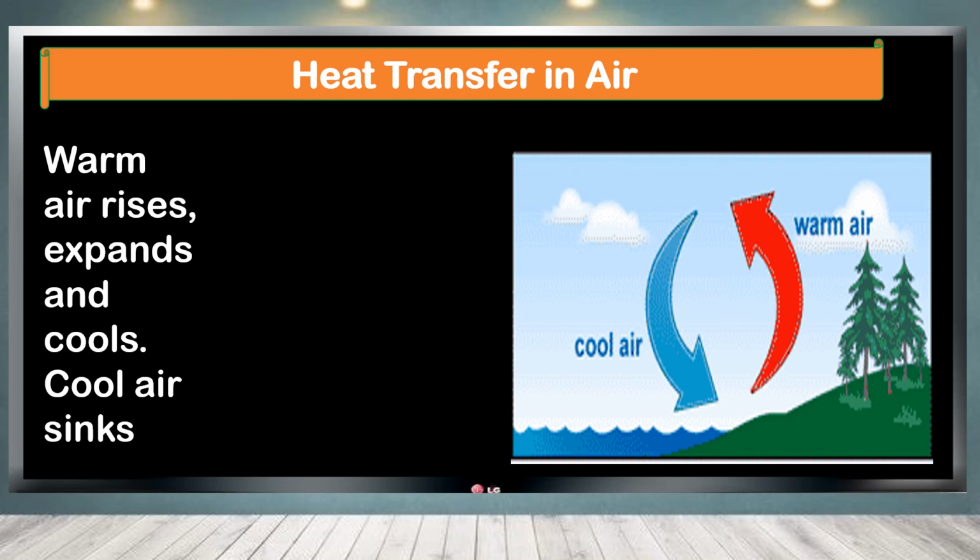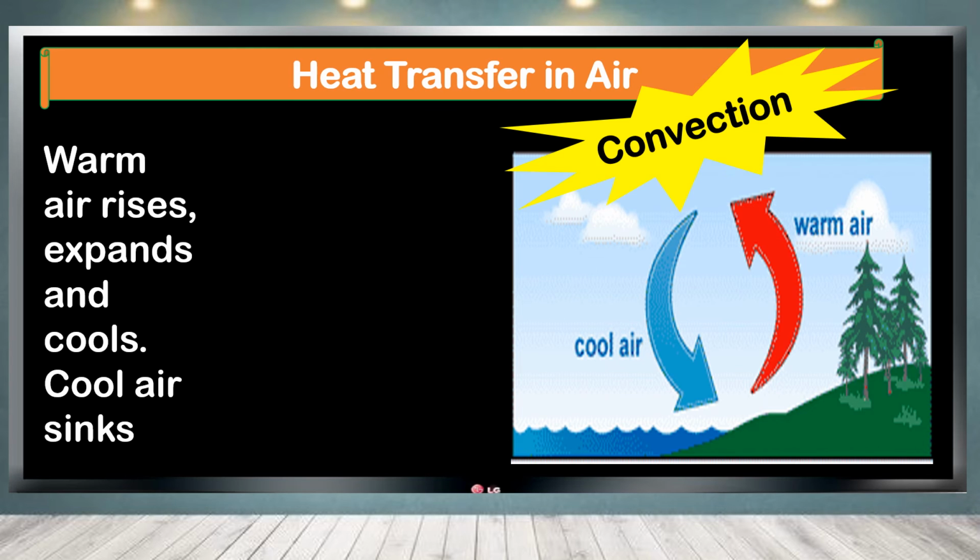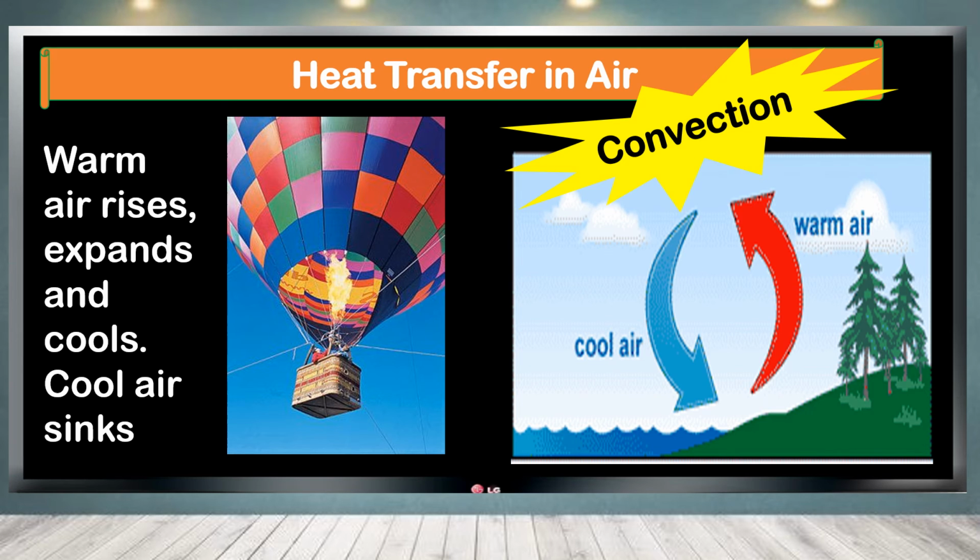And the heat transfer in air is called convection. One good example of this is the hot air balloon. A hot air balloon can fly when there is enough heat inside it.